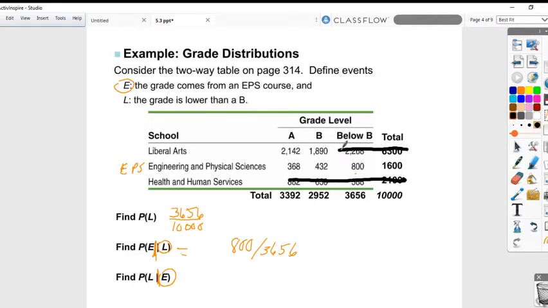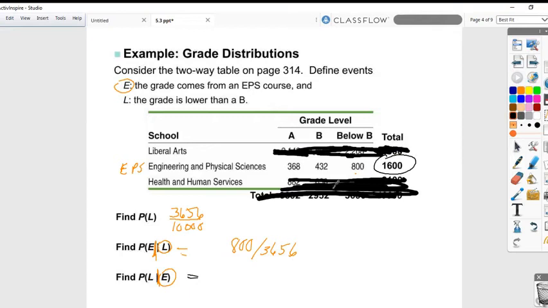Don't need this, don't need this. Look at what you're given. So you're given this E, and everything else is covered up. Then the denominator is E, which is 1600, and the numerator is L, which is lower than a B, 800 over 1600.